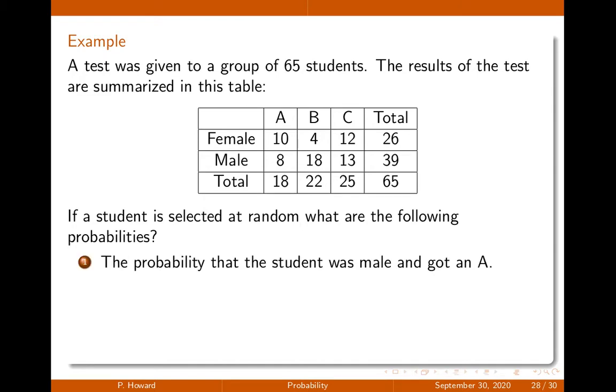So what is the probability that the student was male and got an A? There were 8 male students that got A's. Of the 65 outcomes, the student was male and got an A in 8. The probability should be 8/65.